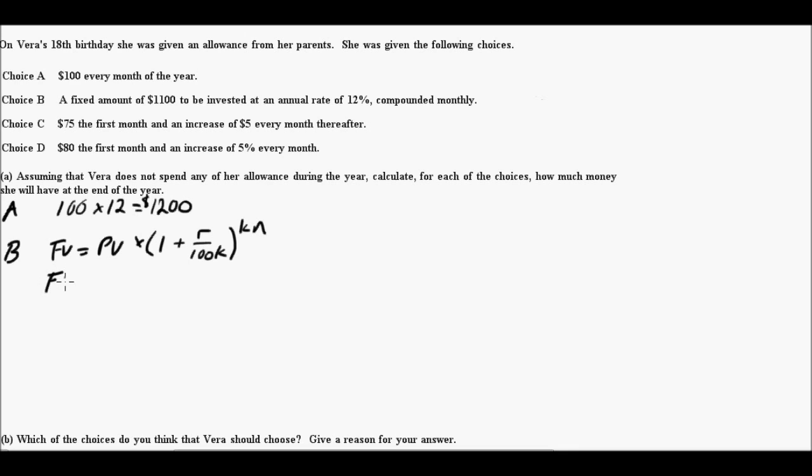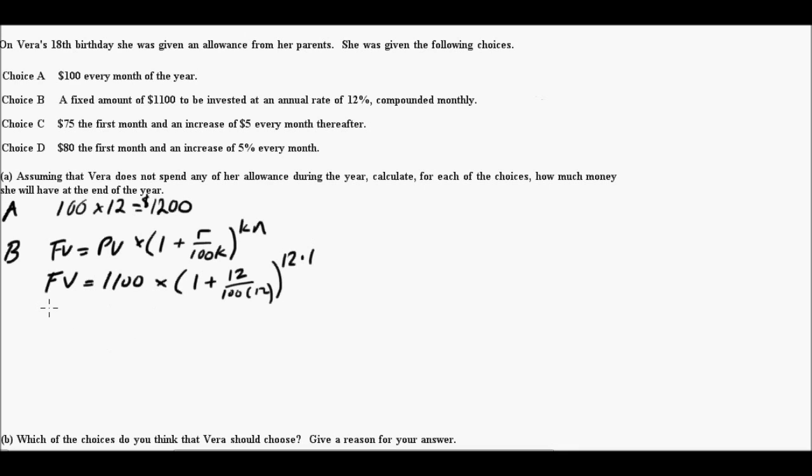So the future value is going to be, she starts out with $1,100 times 1 plus, what's the interest rate? 12% interest over 100 times 12, all raised to, now it's 12 compounding periods, and it's just 1 year, so it's going to be raised to the 12th power.